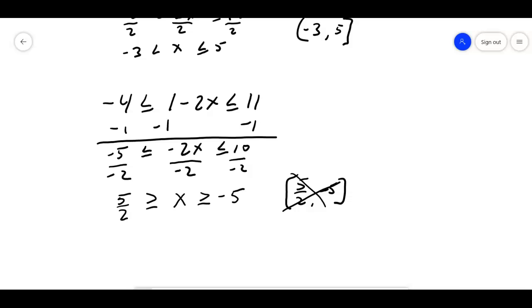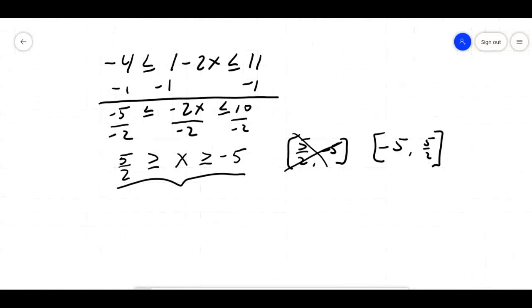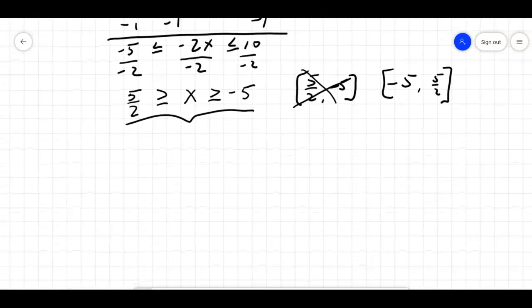Okay, it has to go from smallest to biggest. So your answer, even though it came out this way, you have to write your answer this way. Okay, it has to always end up smallest to biggest. And so that's probably the hardest thing in this whole section. I don't think this section will give you too many problems.